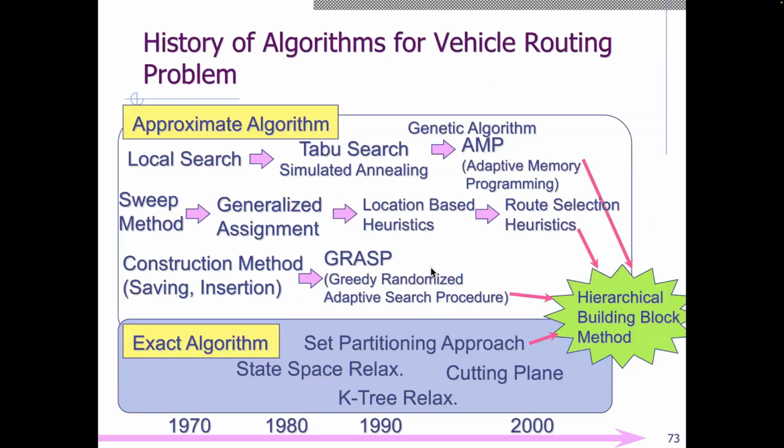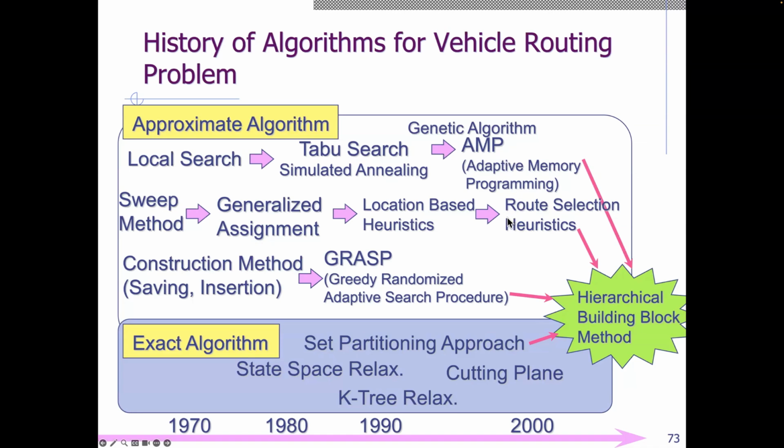This figure shows the family tree of the vehicle routing algorithms. In 1970 or before, many ad hoc methods were proposed such as saving, insertion, sweep, and local search. Local search is brushed up to metaheuristics such as tabu search, simulated annealing, and then the more general adaptive memory programming that also includes genetic algorithms as a special case.